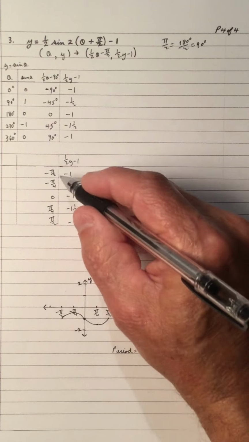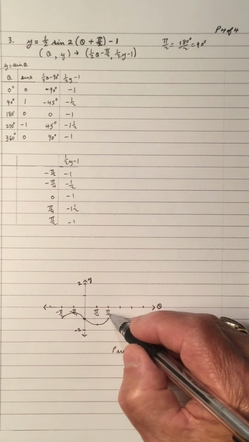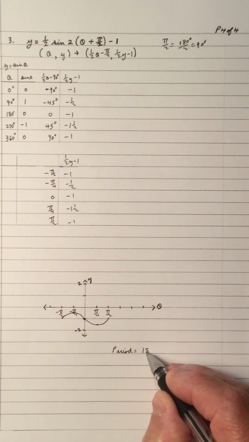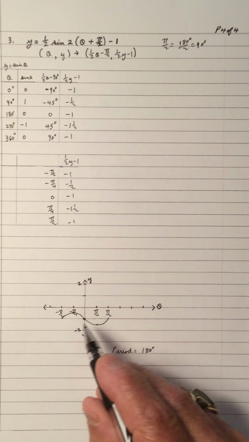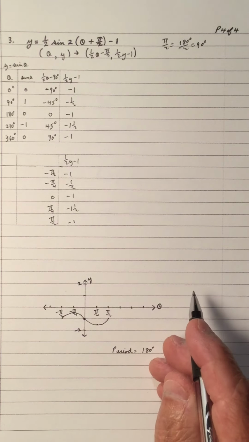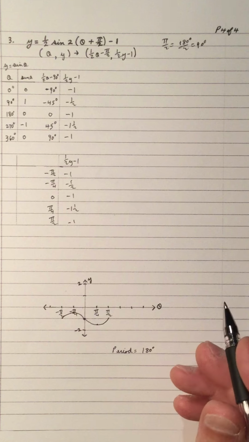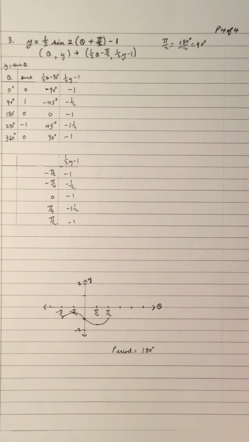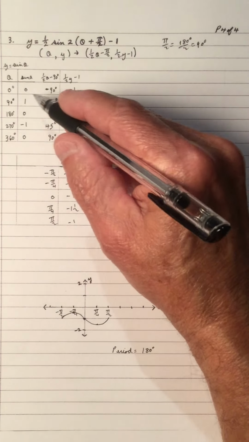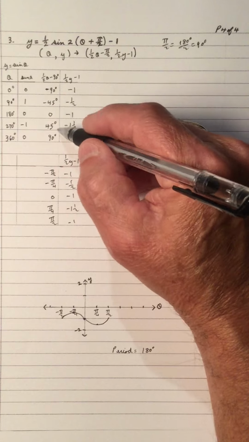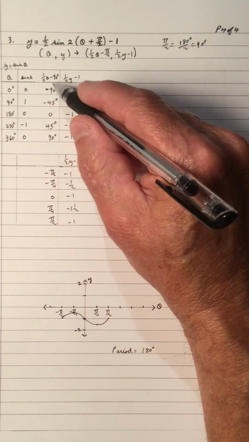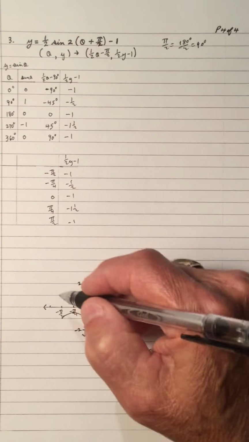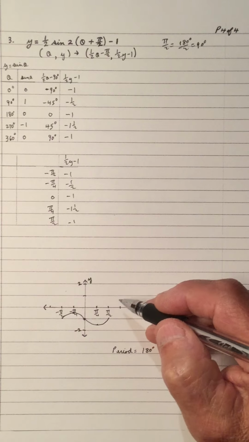And again, notice the period is from negative 90 to 90, so the period is 180. More discussion on this graph will come up later on different aspects of it, like amplitude, sinusoidal axis, phase shift, etc., but that'll be all done later. So if you want to convert to degrees, which is what I do, I use degrees first, and then I convert my degrees to radians and plot my radians.